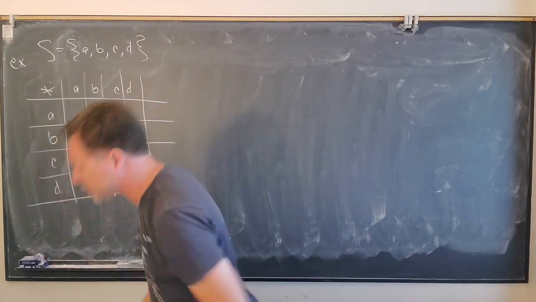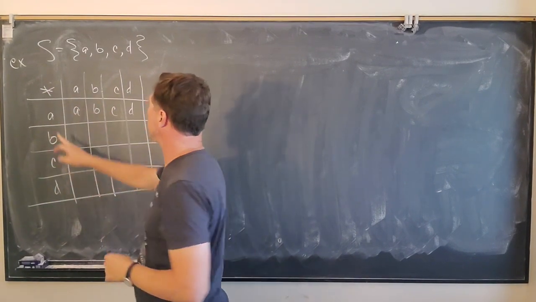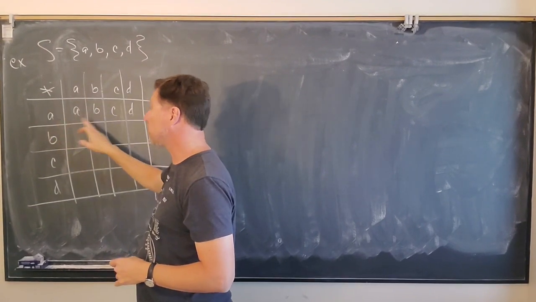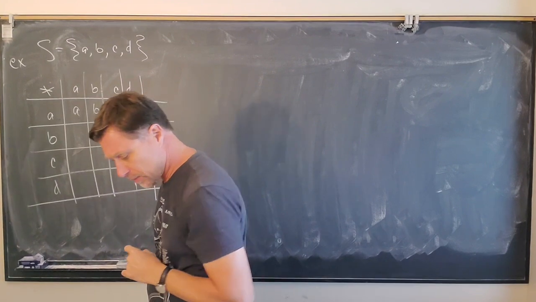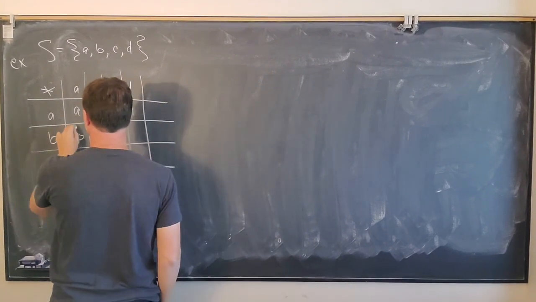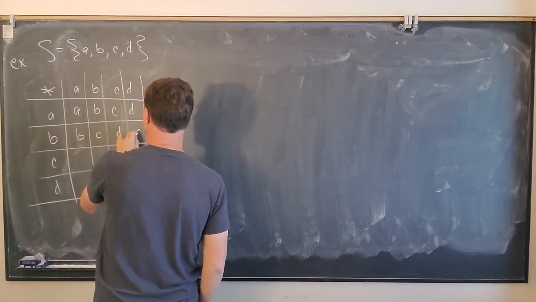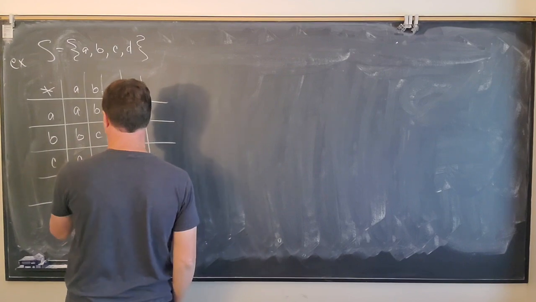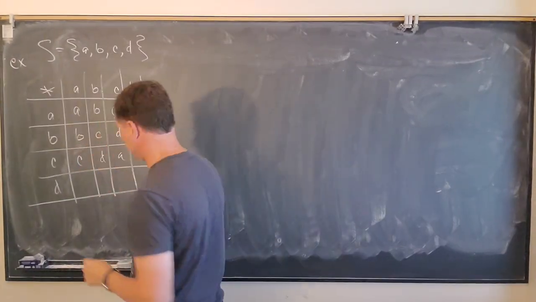The first row is A, B, C, D. What this means is A star A equals A, A star B equals B, A star C equals C, A star D equals D. And let me fill out the rest of them. B, C, D, A; C, D, A, B; and D, A, B, C.